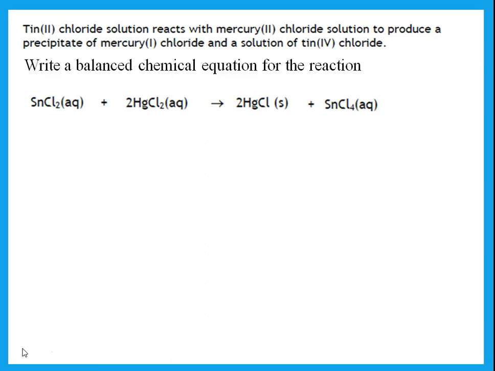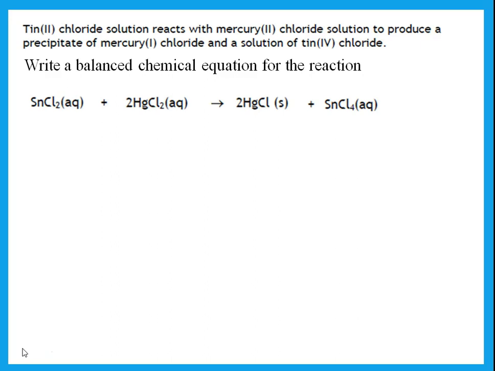Mercury 2 chloride, mercury is Hg, and he's telling me that its valency is 2, so I put 2 under the chlorine. It's a solution, so it's aqueous. To produce a precipitate, that means that's a solid, of mercury 1 chloride, so here mercury has a valency of 1, so you don't write anything under the chlorine, and a solution of tin 4 chloride, so that is SnCl4.